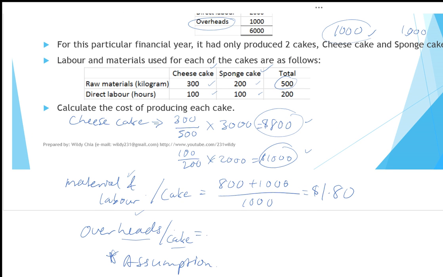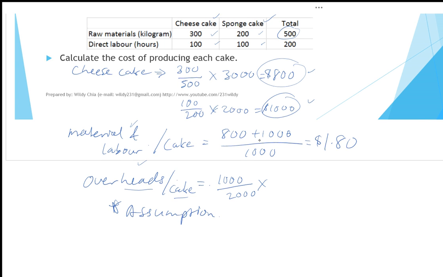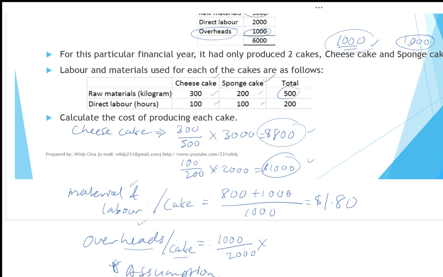Okay? Now, so let's come back to this. So then how do we know what's the overhead per cake? Very simple. We could use the number of cakes that were produced. So there were 1000 cheesecakes. In total, how many cheesecakes and sponge cakes were produced? 2000. 1000 plus 1000 gave you 2000. So 1000 over 2000 multiplied by total overheads.